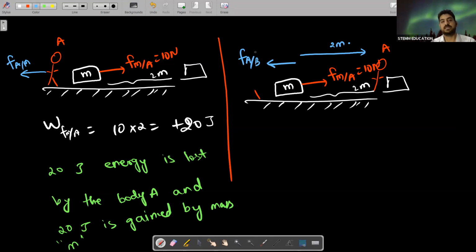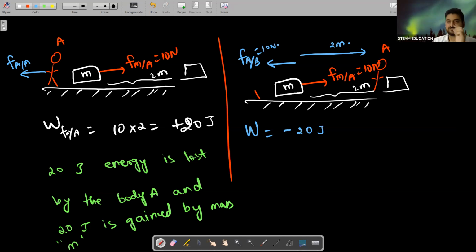A due to block B, and the value of FAB is going to be 5 newtons, 10 newtons. So it's going to be 10 newtons. So the work done would be equal to negative 20 joules. What does it mean?